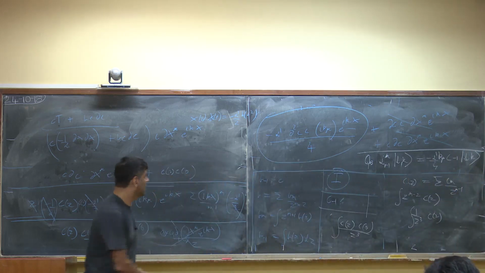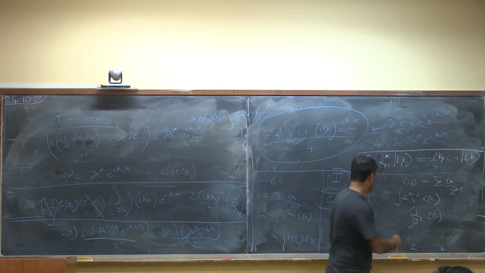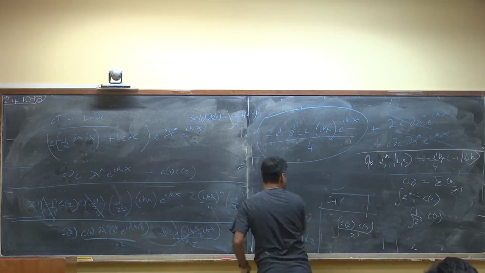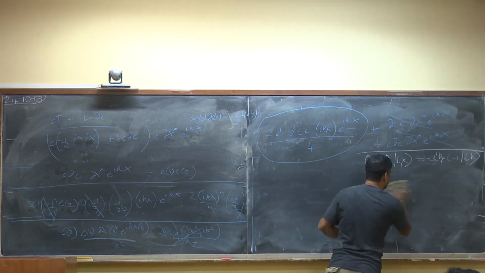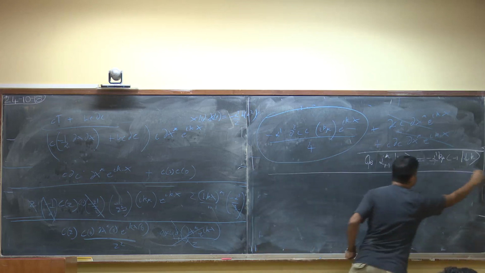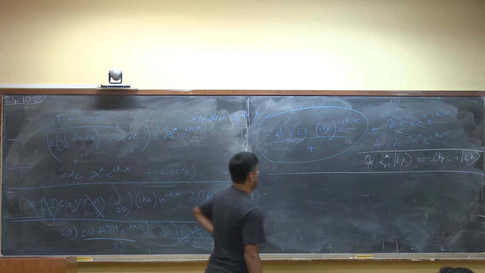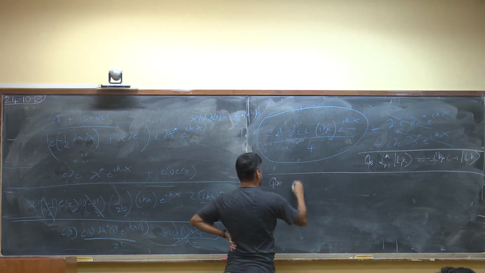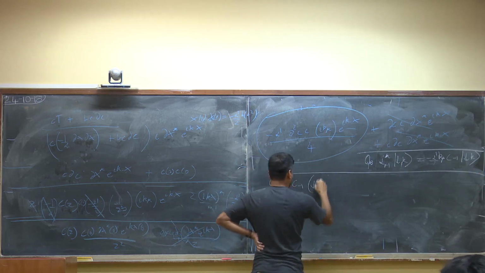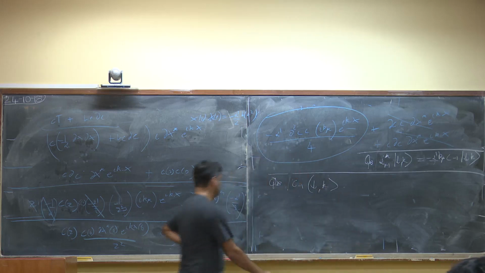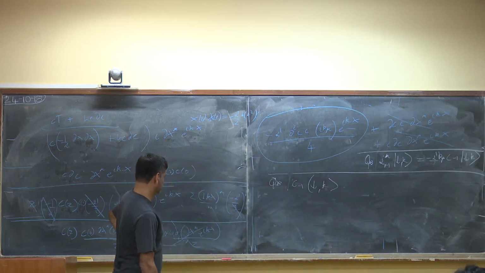Okay. We want to do similar calculations for every state. We want to calculate QB acting on C minus 1 on down K. Actually, this one's quite easy.